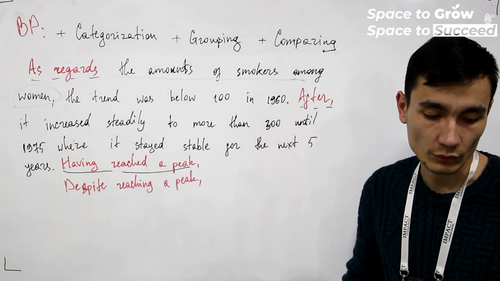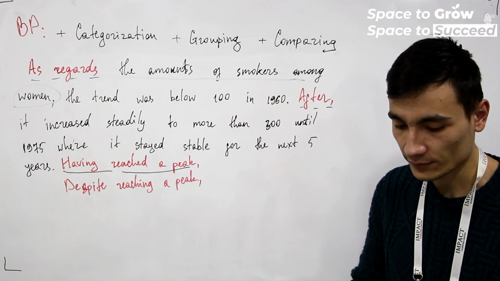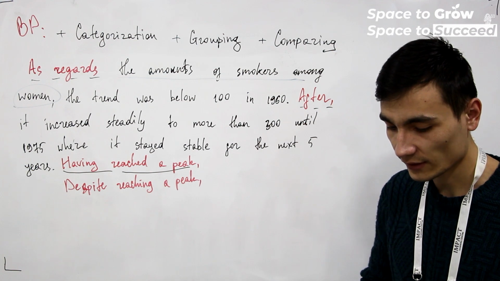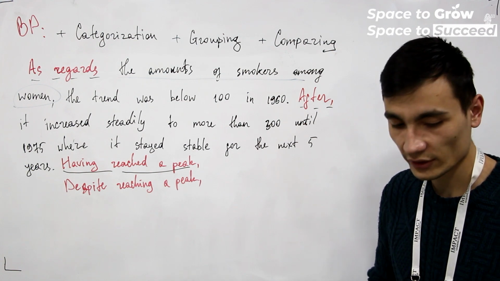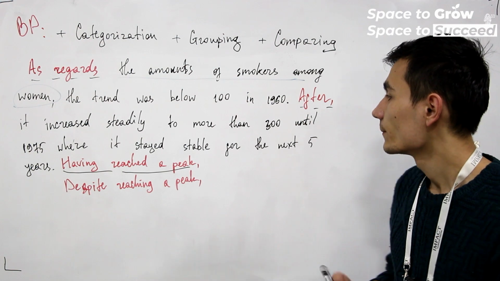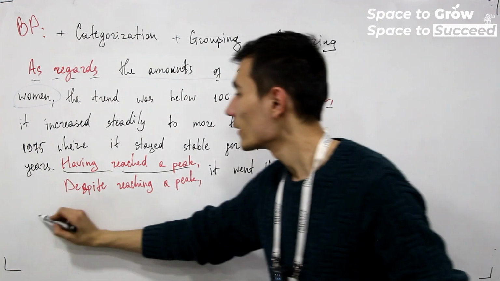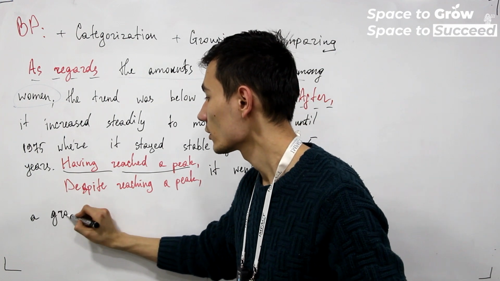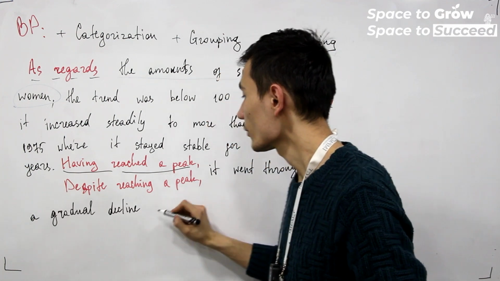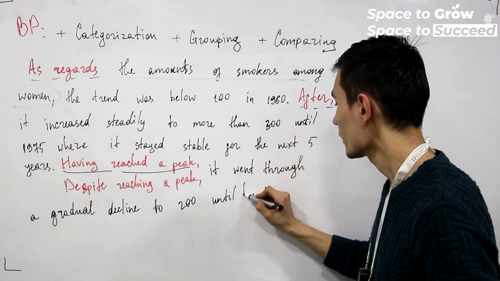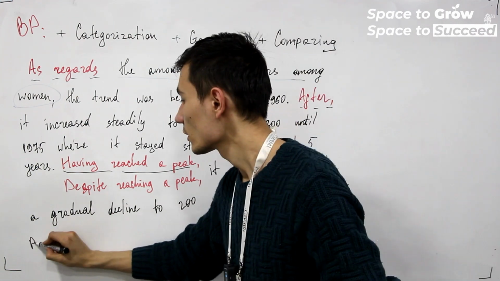And we just continue. What happened after this? It experienced a steady decline to 200 until the end of the period. Let's say it went through, because we used the word experience before. Well, we used the word steady too, so let's say gradual decline to 200 until the end of the period.